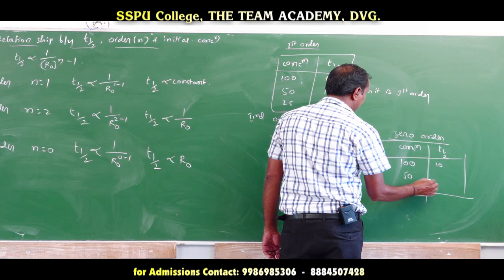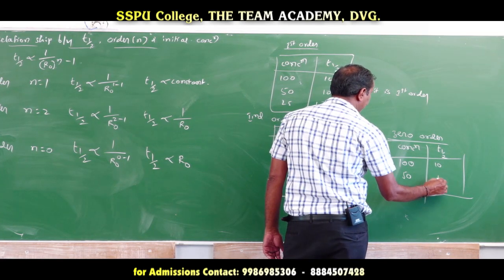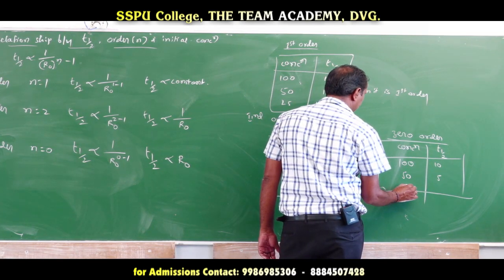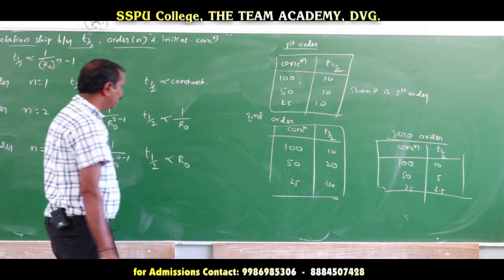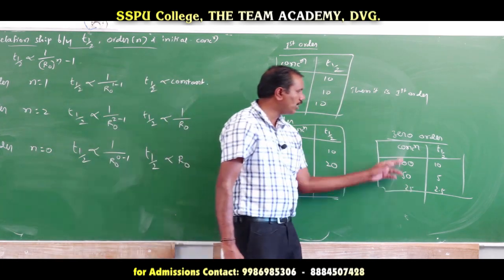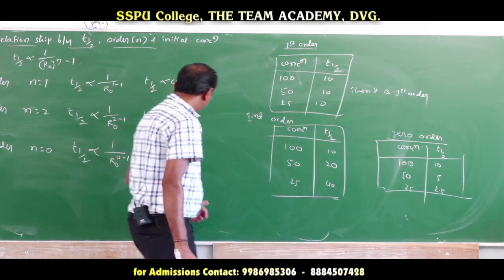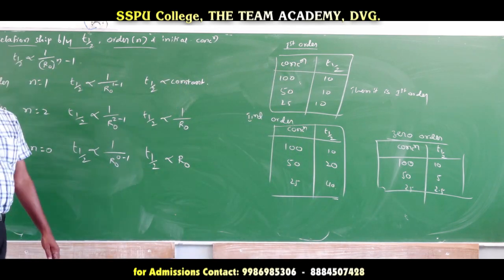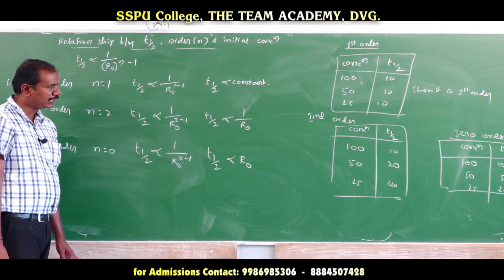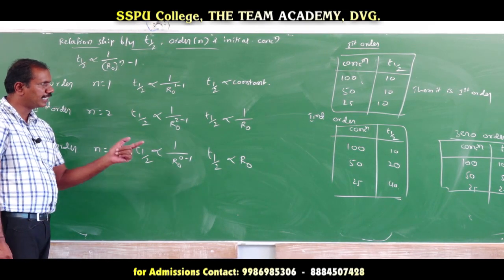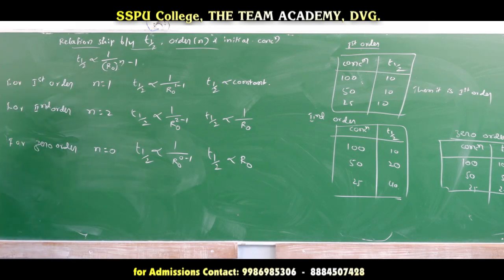If it is 50, then it is 5. If it is 25, then it is 2.5. They are directly proportional. If the concentration of reactant increases, T half increases, then it is called zero order kinetics.